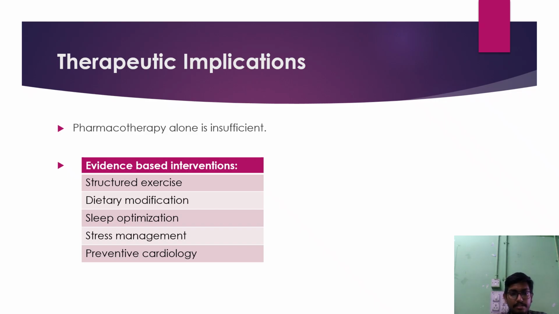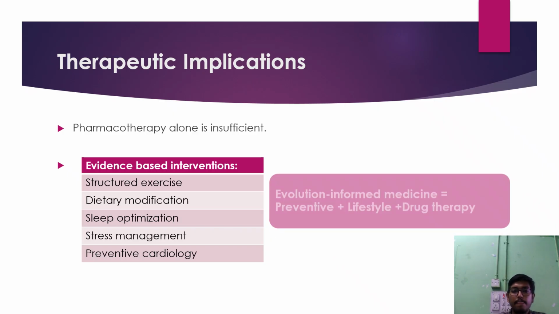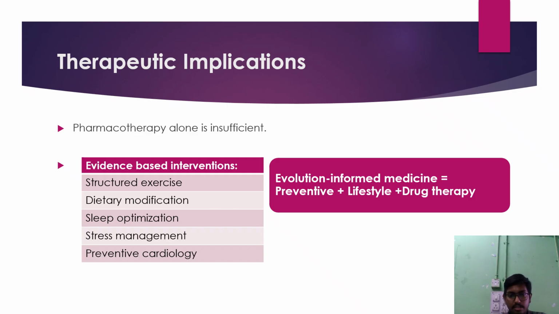There are evidence-based interventions: structured exercise, dietary modification, lifestyle modification, sleep optimization, that is adequate sleep, at least 7 hours, stress management, and preventive cardiology, like doing an ECG and checking whatever parameters are not compatible, and then doing the proper checkup. So evolution-informed medicine is a holistic approach of preventive therapy, lifestyle modification, and association with pharmacotherapy.